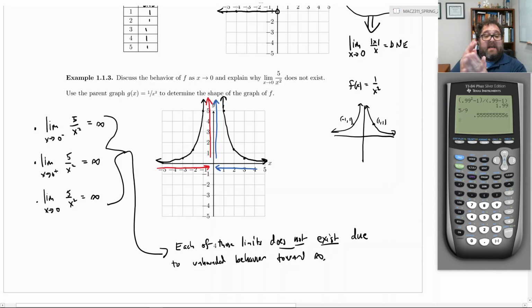So even though we're saying equals infinity, that's really just a notational convenience. We're saying that the limit does not exist, and here's why it does not exist.